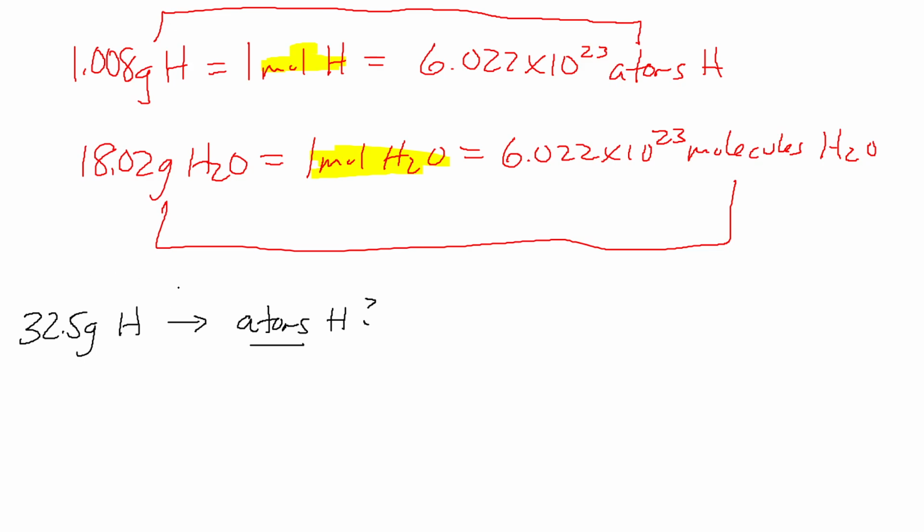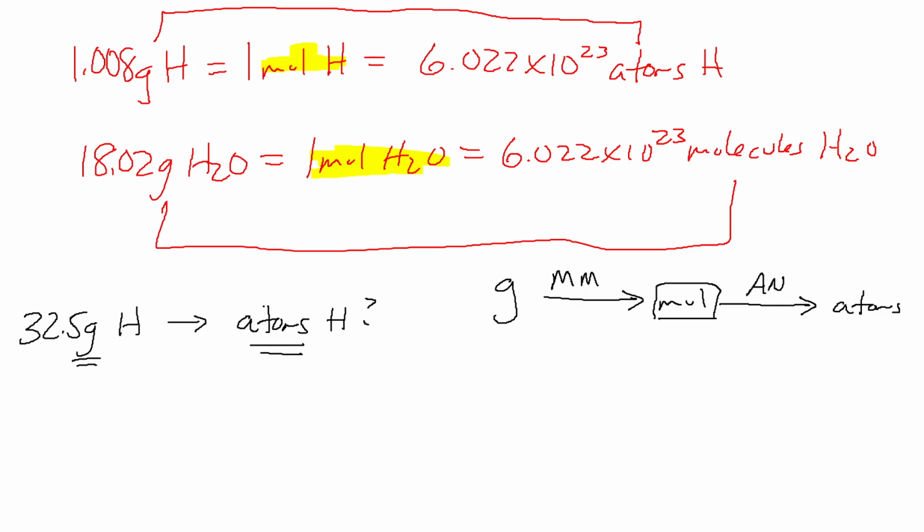This has atoms in it, which means somewhere along the way I've got to use Avogadro's number. I'm in grams. So again, my pathway here is I know I could take grams to moles, and that's the molar mass from the periodic table. I know I could then go moles to atoms, and that's Avogadro's number. So that is the pathway. And again, you can see moles are right in the middle of it.